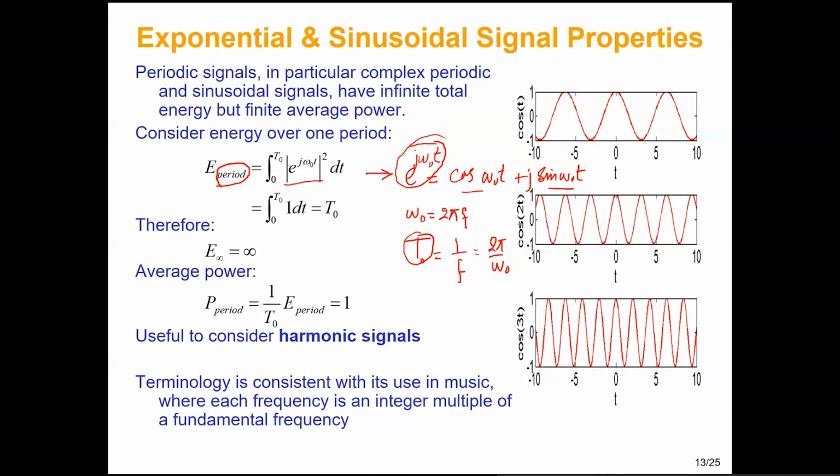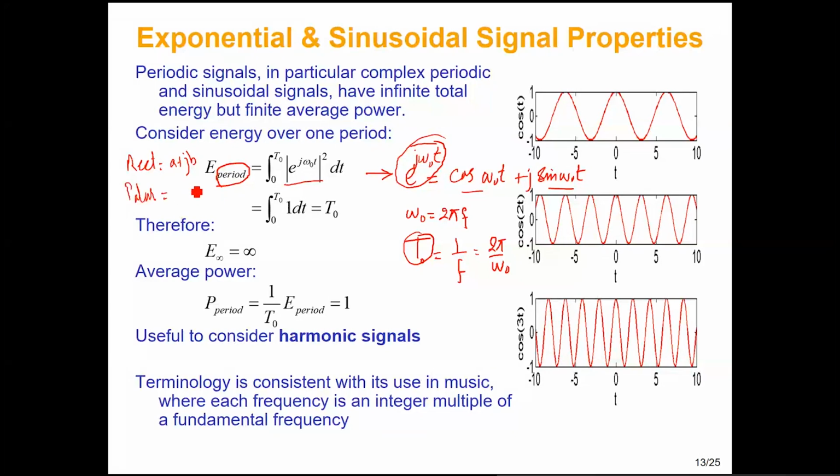The other way of looking at the same problem is, if you are given any complex number, we can represent it as a rectangular coordinate, of the type a plus jb, that is cosine plus j times sine. We know this. The other thing is, we can represent that number in polar coordinates.